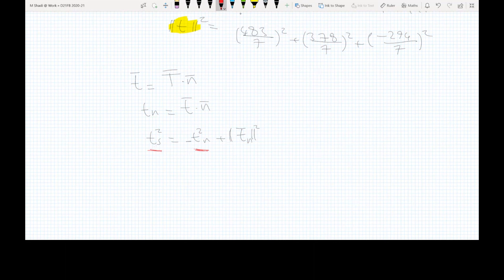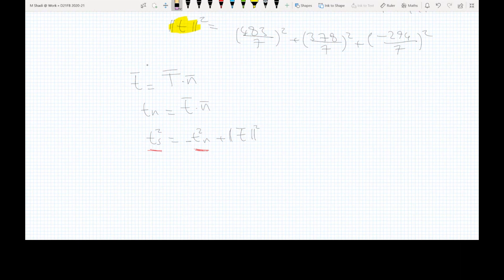If it is easier for you to remember, this is the length of T, this is the normal component, and this is the shear component. To find the normal component, do a projection. If you want to find a projection, multiply with the normal direction. If you are interested in finding the stress vector, multiply with that.